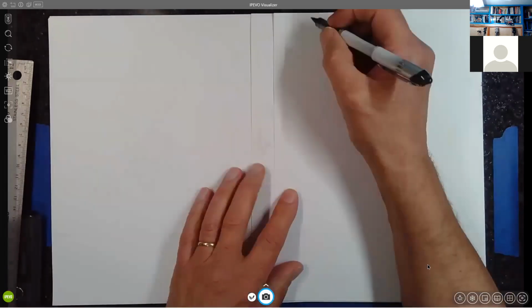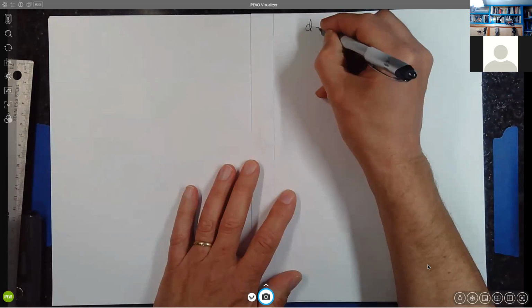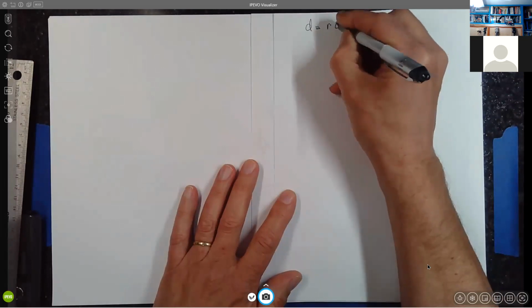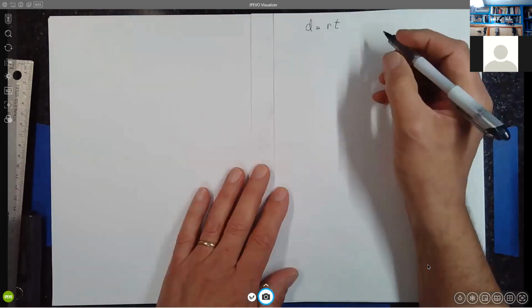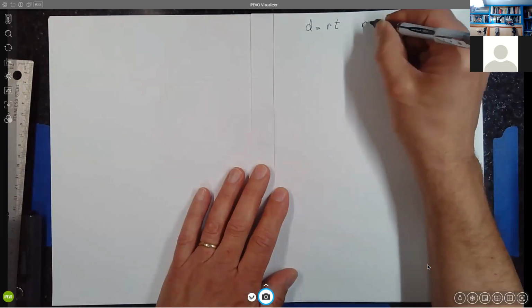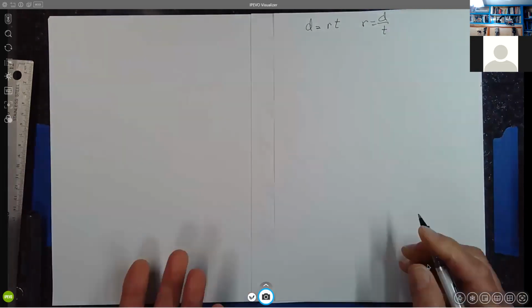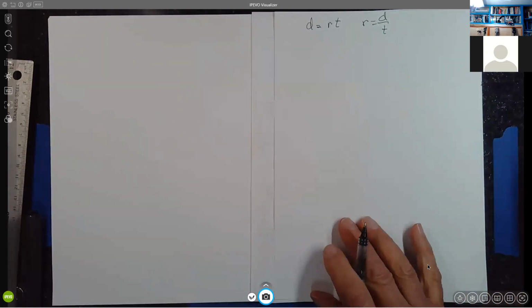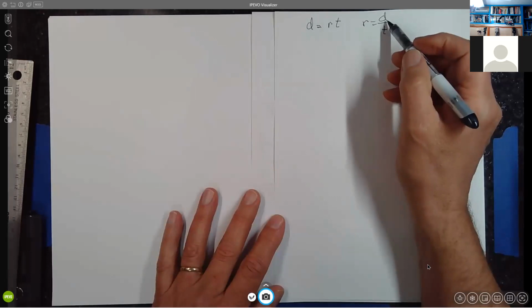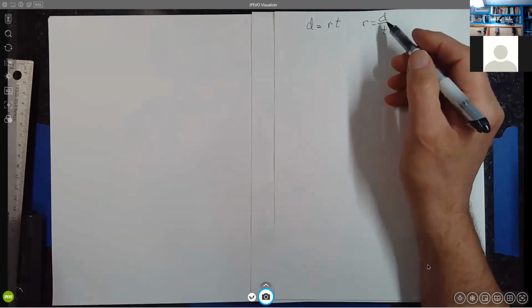In an algebra course, you would have used a distance equals rate times time equation probably. If you solve that for the rate, you get the distance divided by the time. Well, we're going to be a little more sophisticated than that. Instead of talking about distance, we'll talk about displacement.